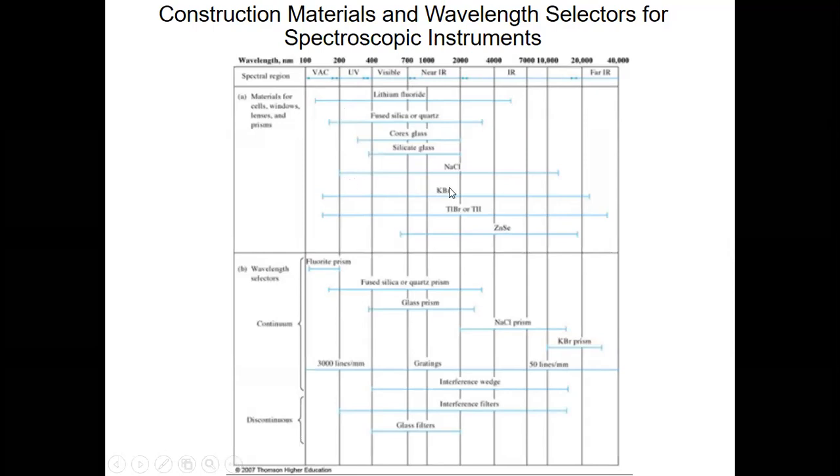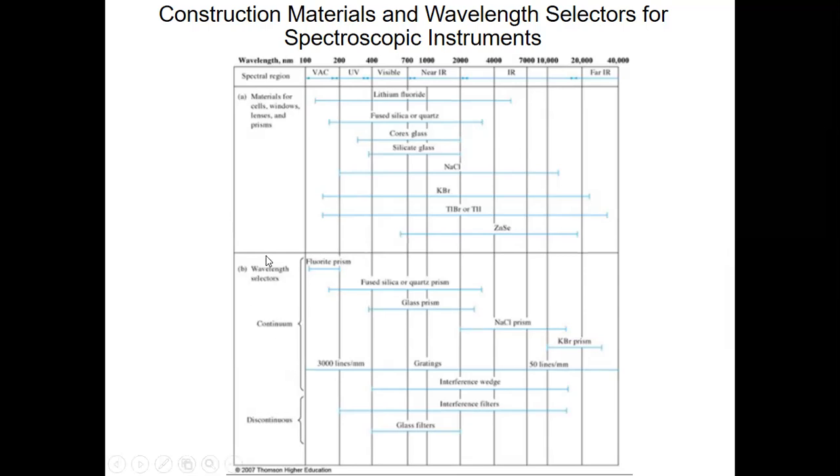And for the IR also, if you remember, we use KBr pellets and all those things. See, it ranges in this range. So go through this graph and see what the possible materials are for different spectral regions.